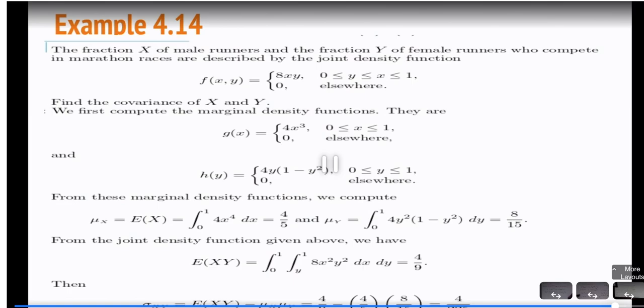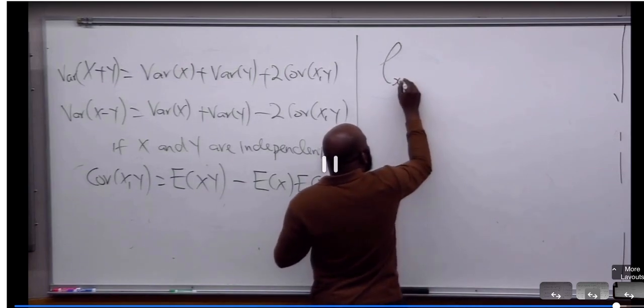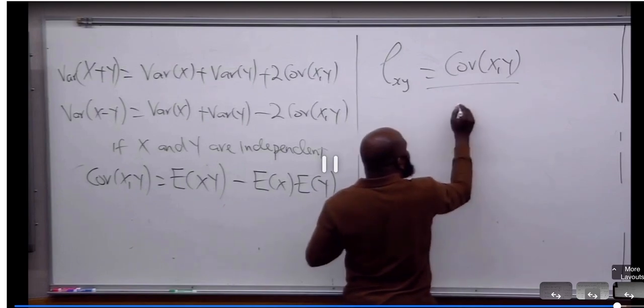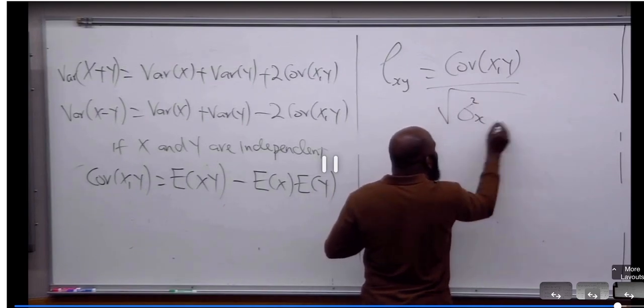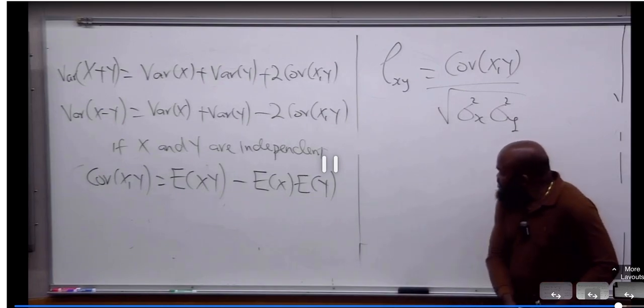Imagine I gave you a question and asked you to find correlation. You're actually going to do a lot. The correlation, rho, is going to be the covariance of X and Y divided by the square root of sigma X squared times sigma Y squared.